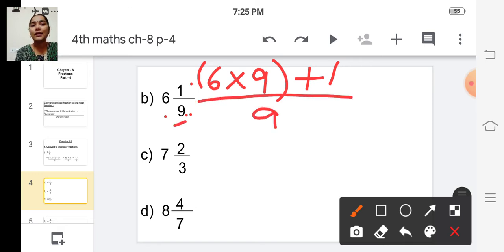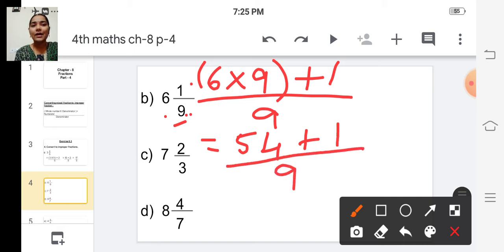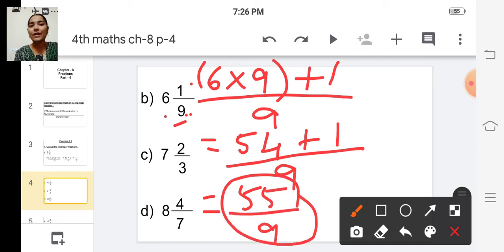Denominator is 9. Which is equal to 6 nines are 54, isn't it? So 54 plus 1 divided by 9, which is equal to 55 by 9. So this is an improper fraction for 6 1 by 9.